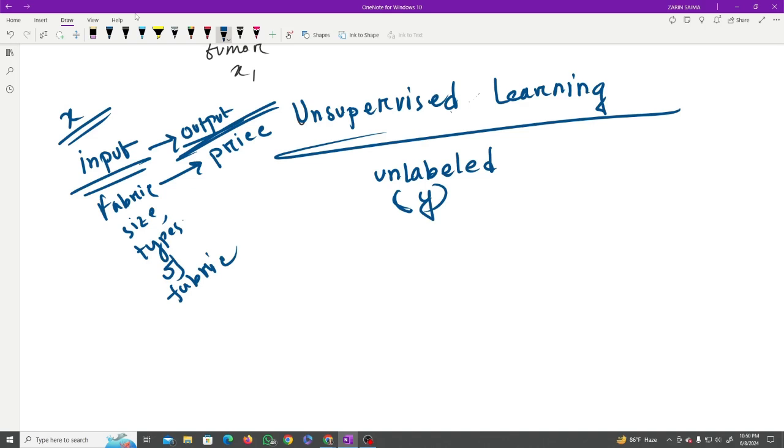Then it may give us some interesting pattern, and after getting that pattern we may draw some conclusion, or we may predict from those interesting insights. So basically in this part, you tell your model to give some interesting insight. Let's see some examples so it will be more clear.